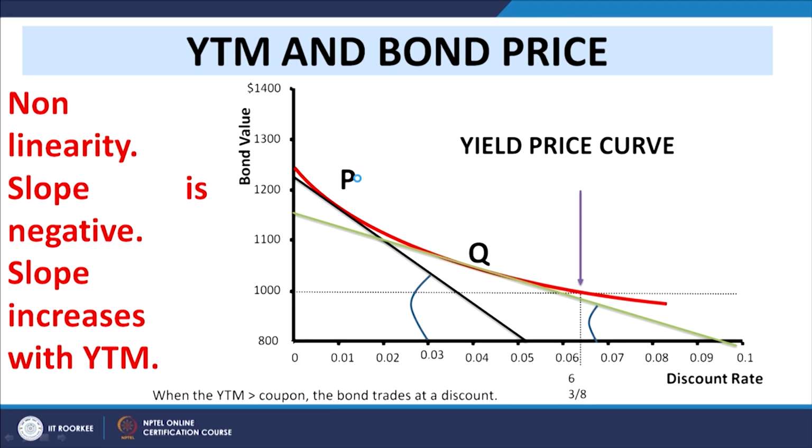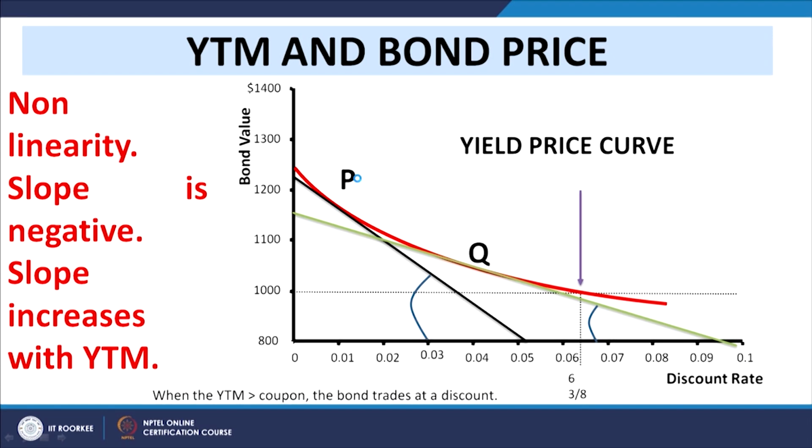As the YTM increases, and we also know that YTM is a proxy or an approximation, an averaging, of the market interest rates. So, as the market interest rates increase, or the YTM increases, the price of the bond decreases. This is very much apparent.